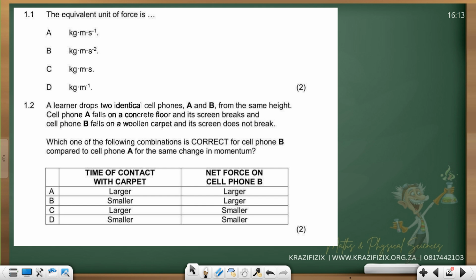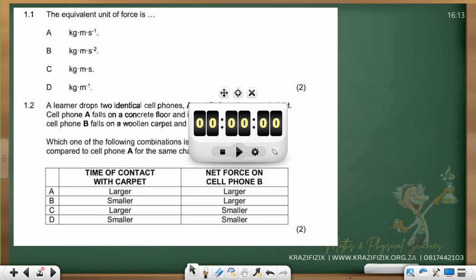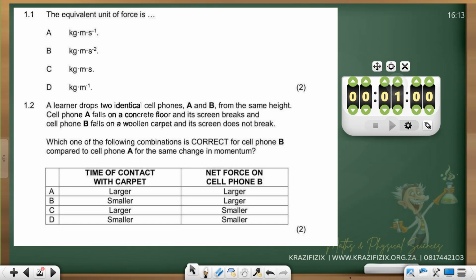Guys, quickly look at this multiple choice and give me an answer for the two of them. You have 3 minutes for the two. No wasting of time. 3 minutes for the two. Try to reason things out, no guessing.